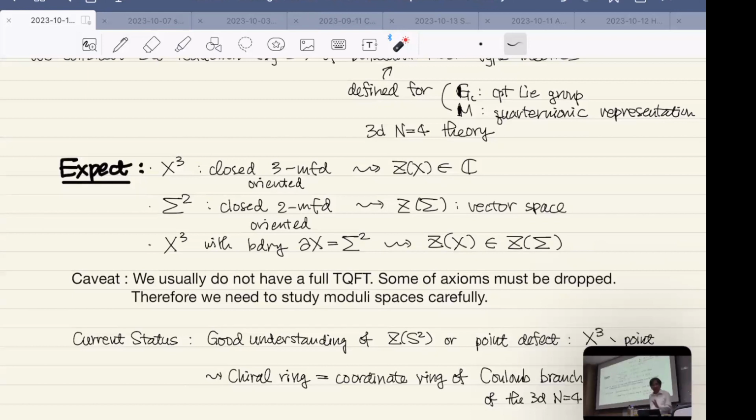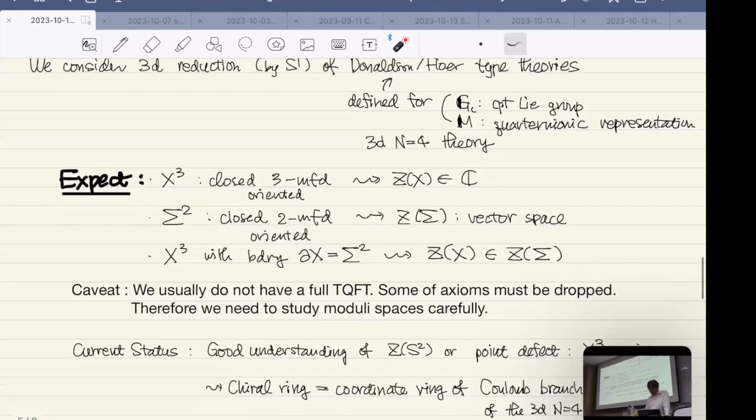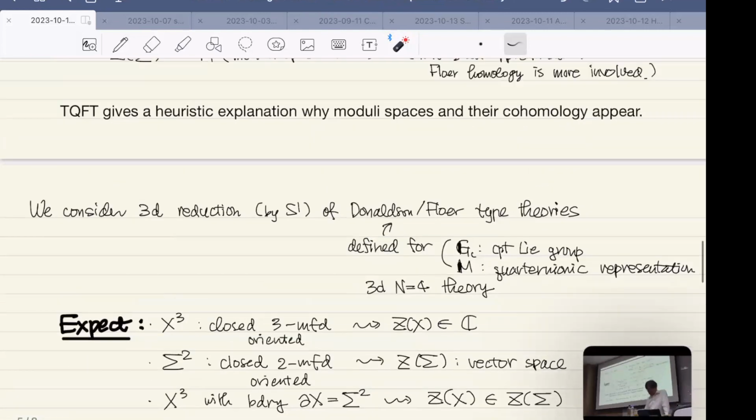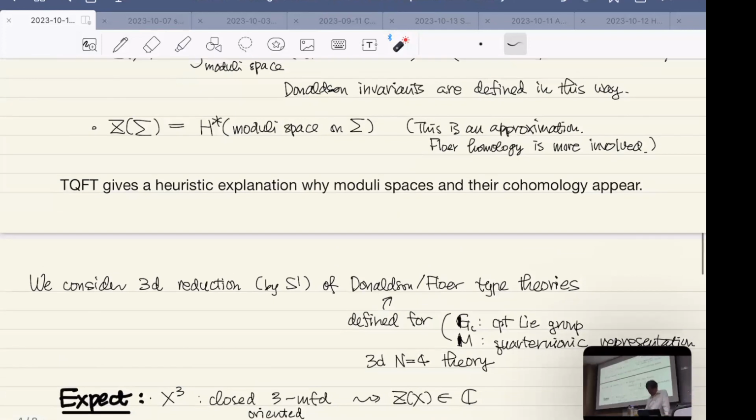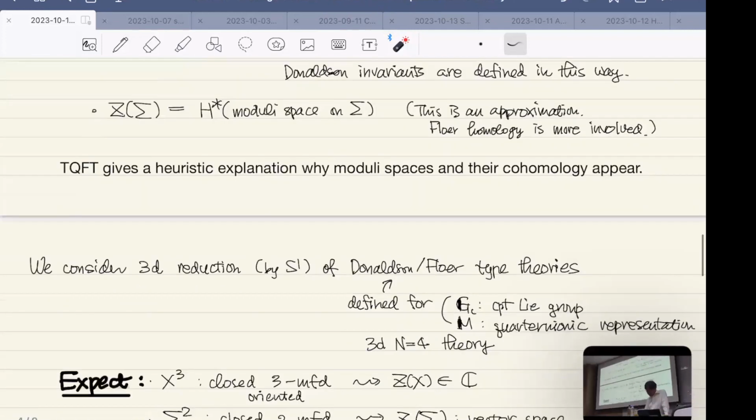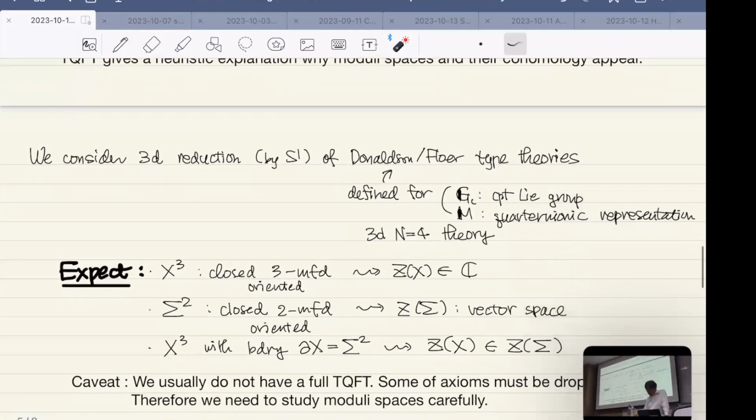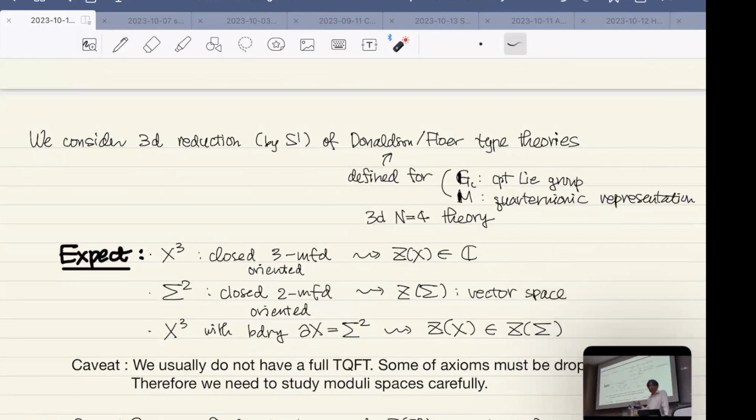As I said, the moduli space is a finite-dimensional manifold, but this moduli space usually has singularities. You must be careful to check that this integral is well defined, and you need some assumption on the four-manifold. Because of this, you don't get the full topological quantum field theory. So you need to drop some condition.